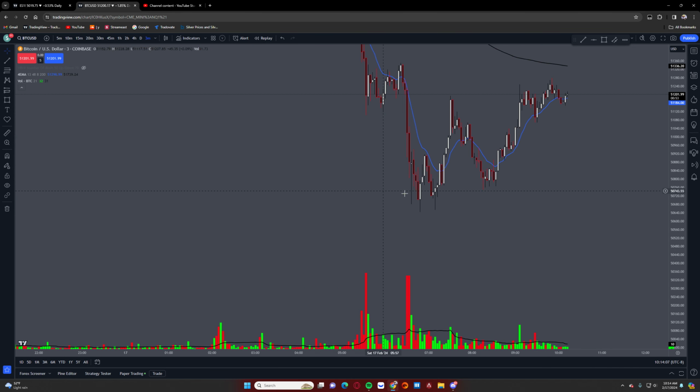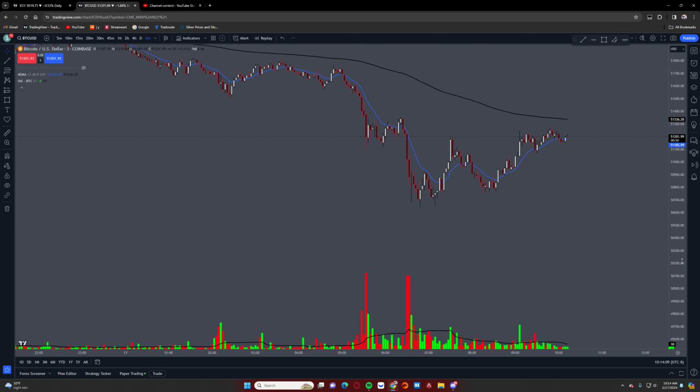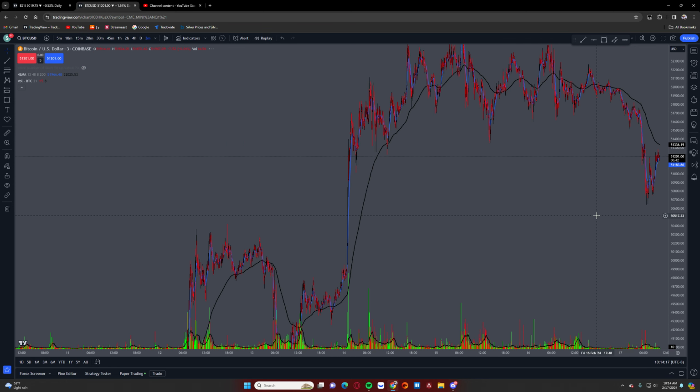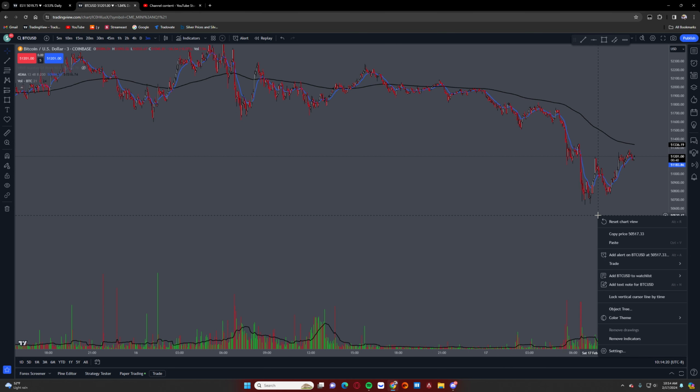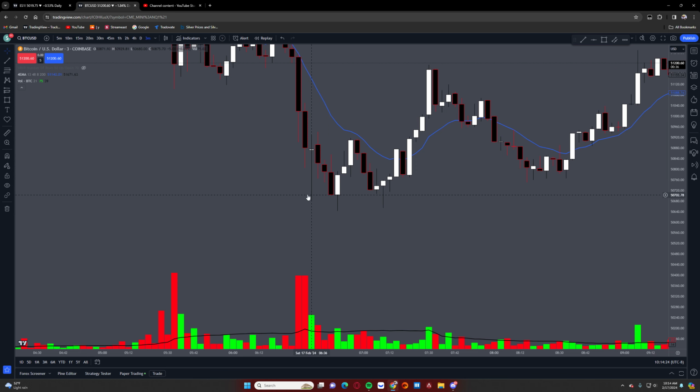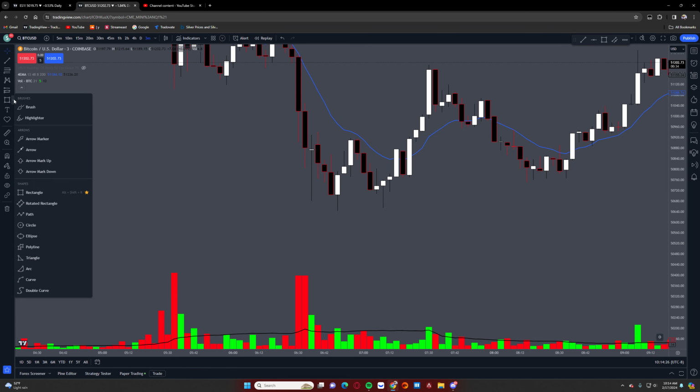So essentially, for a supply zone, you want to look for areas that we wick off of a lot, if that makes sense. So right here, you can see, I'll try to zoom in. We are wicking a lot here.